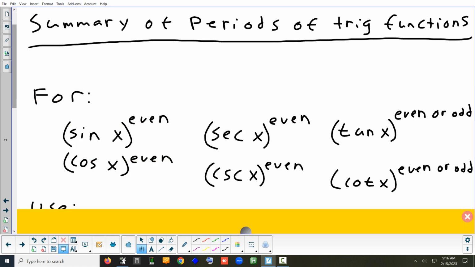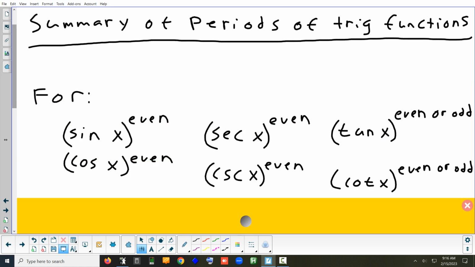Okay, so here's a summary of the periods. If you have any type of tangent or cotangent problem, doesn't matter if you raise it to an even or an odd power, the formula that I'm about to give you is going to apply. Or if you have a sine, a cosine, a secant, or a cosecant to an even power.